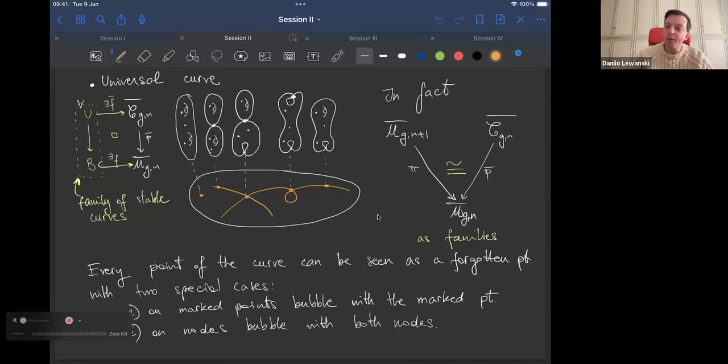So you can play these fun games, and also, there's a proposition that the universal curve, this C_{g,n} bar, is just isomorphic, as a family of curves, to M_{g,n+1} bar, because it's the same logic as before when we computed M_{0,4} and M_{0,4} bar.